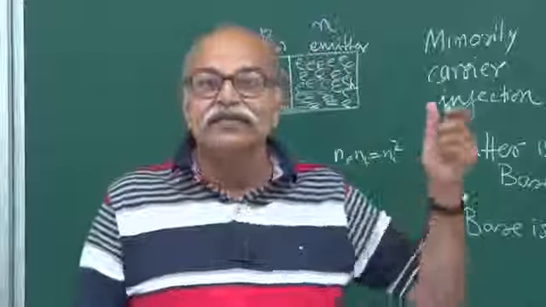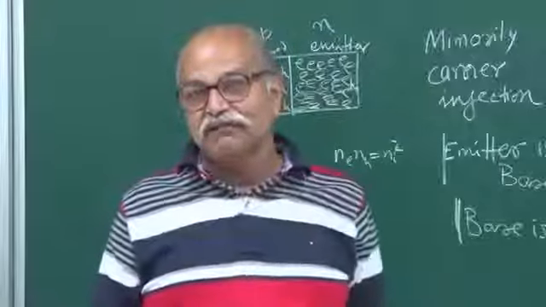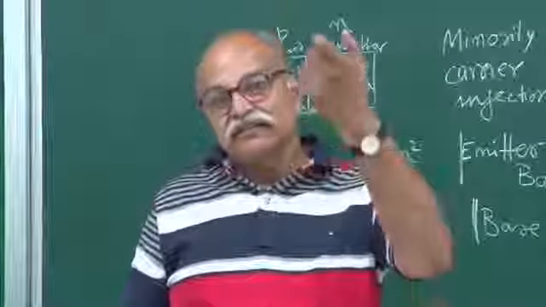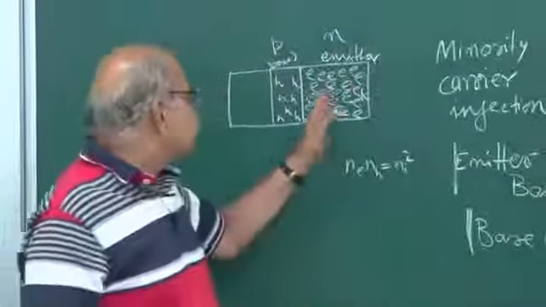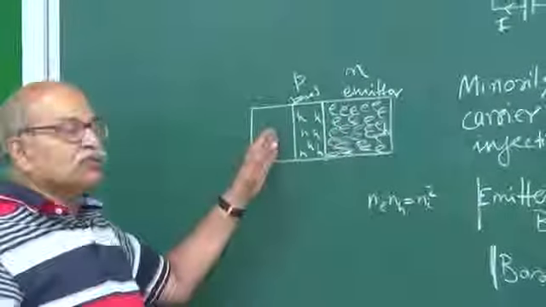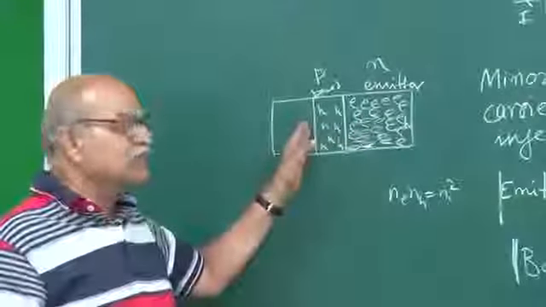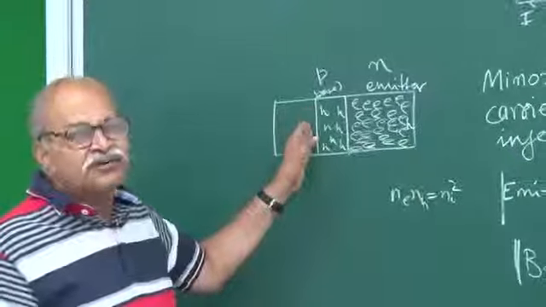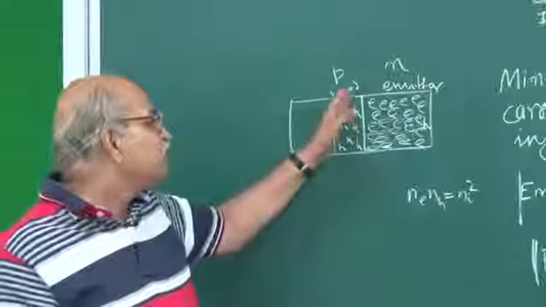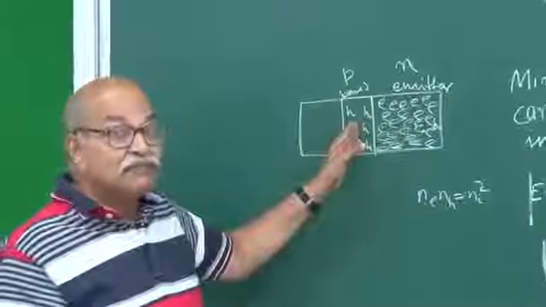So that's why it is made so thin, of the order of micrometers, that these injected electrons just cross through this base region almost without recombining, or a very small fraction of that will recombine.